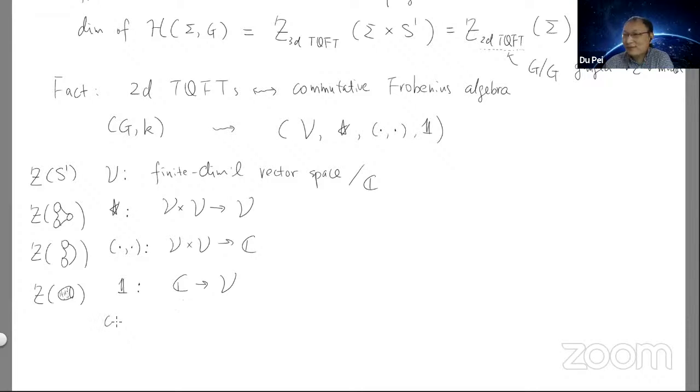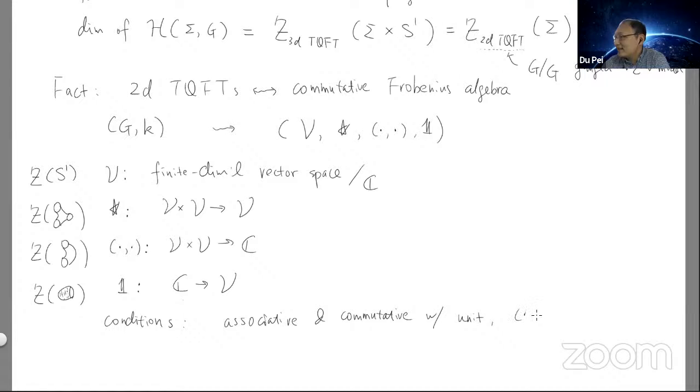And then you have a bunch of conditions or constraints that are satisfied by all this data. For example, the product is supposed to be associative and commutative, and has a unit given by the last map.